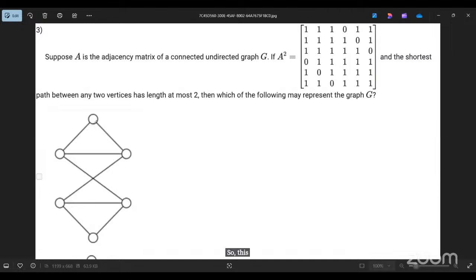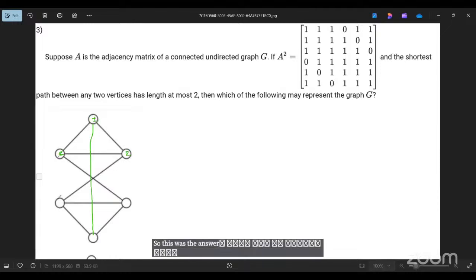So this was the answer, no? So what you'll do, just first of all, number all the vertices: 1, 2, 3, 4, 5, 6. Right? And here also number the rows.